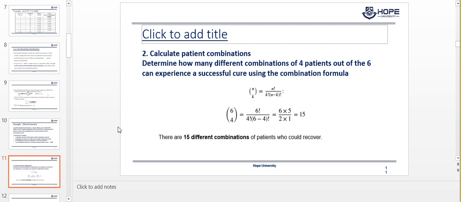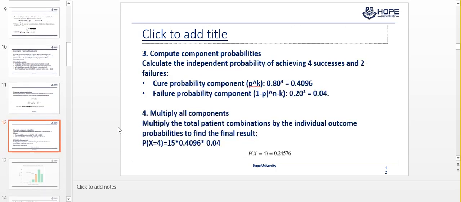For example, with 6 in total and 4 in the sample, that is 6 factorial divided by 4 factorial times 6 minus 4 factorial. That means there are 15 different combinations of patients who could recover.